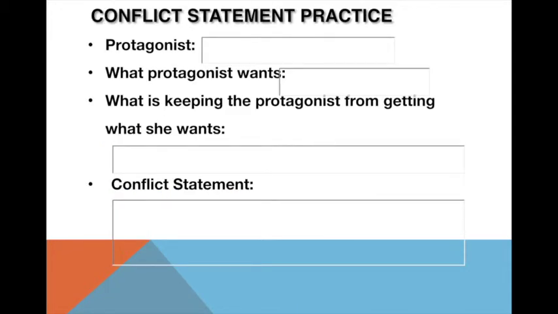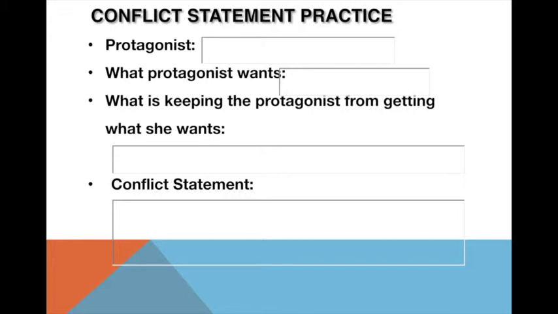Conflict statement. Let's do a bit of practice, okay? So the protagonist. I'm going to think of, for example, again, the Lord of the Rings. The protagonist, Frodo, wants to take the ring to Mount Doom. But he has a problem.